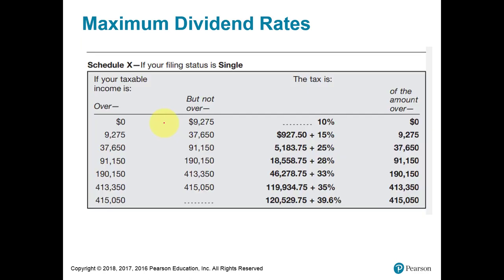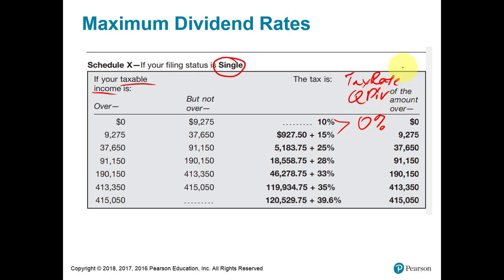So here is a tax rate schedule for the single filing status. Again, if your taxable income, that's the total income minus the deductions, falls within these first two brackets, your tax rate for qualified dividends is going to be 0%.